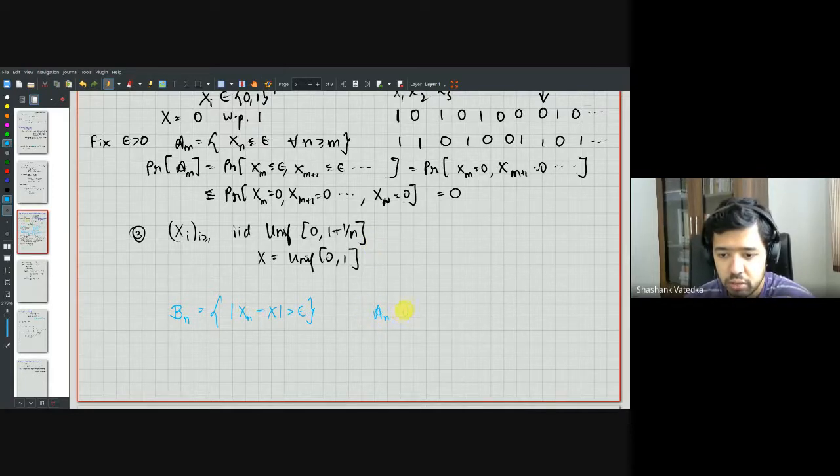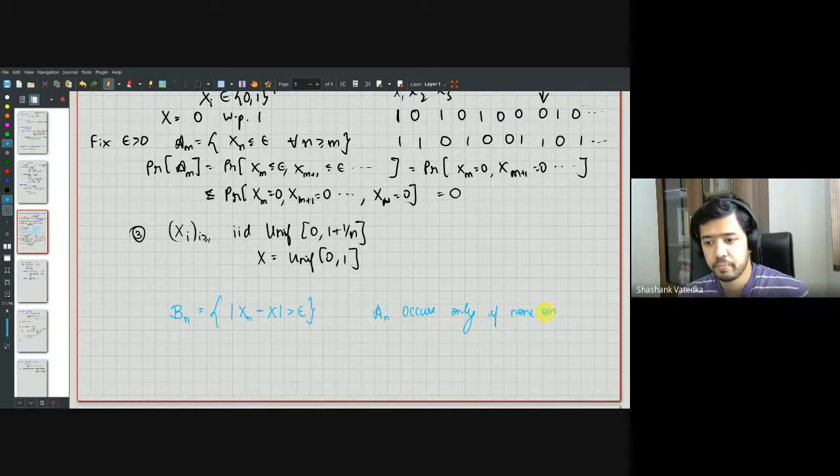So An occurs only if none of Bm for m greater than or equal to n occurs.